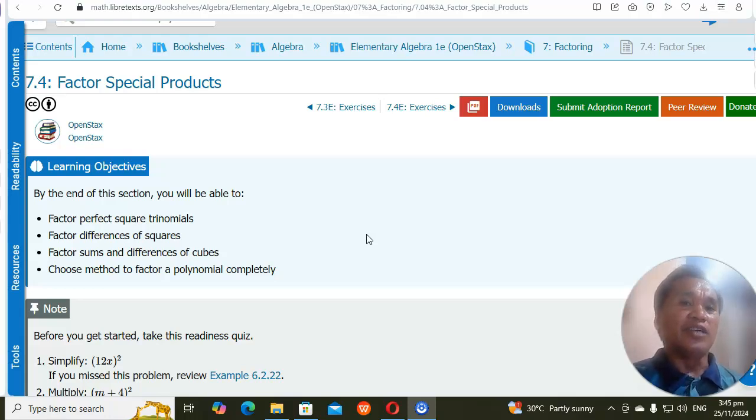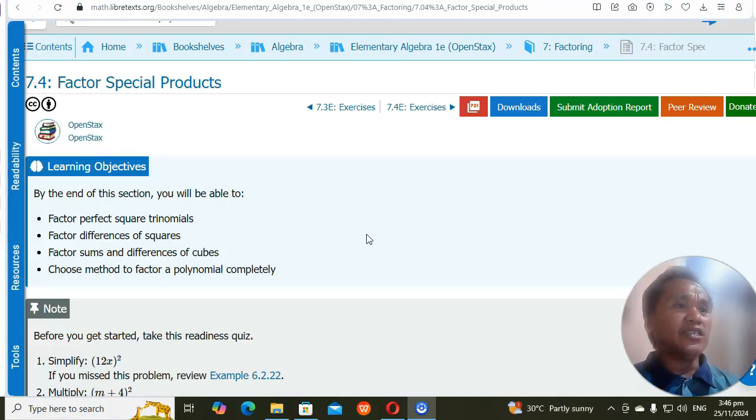So a prerequisite to this lesson would be the capability of students to manipulate or to operate special products. So this should be their background knowledge, to be able to tackle the factoring of special products.